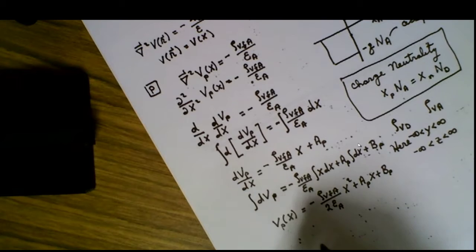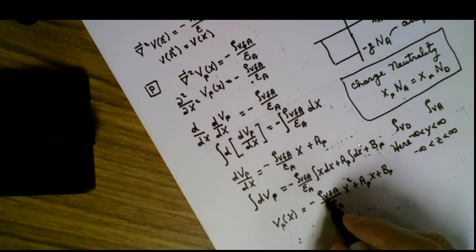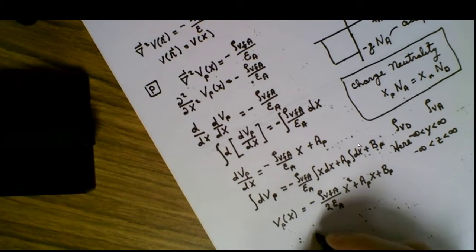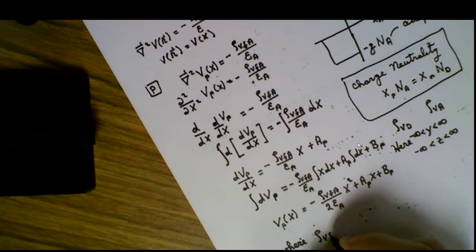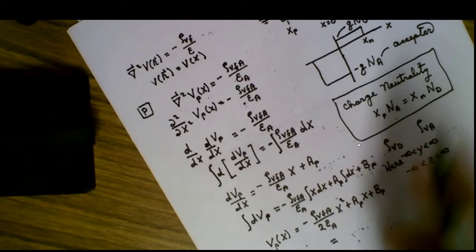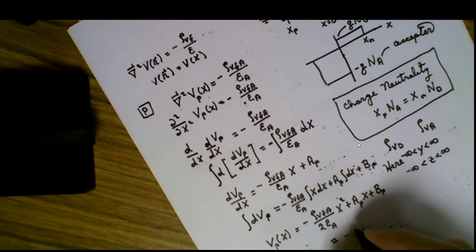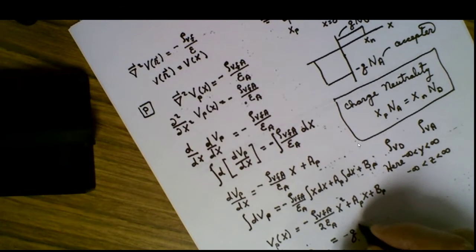So let's do that. We'll say by analogy. Before we do that, because I have room, let us also identify our free volume charge density. So this will be where our free volume charge density of acceptors is going to be equal to, looking at our graph, minus, based on negative charge, Q times the number of acceptors per unit volume.